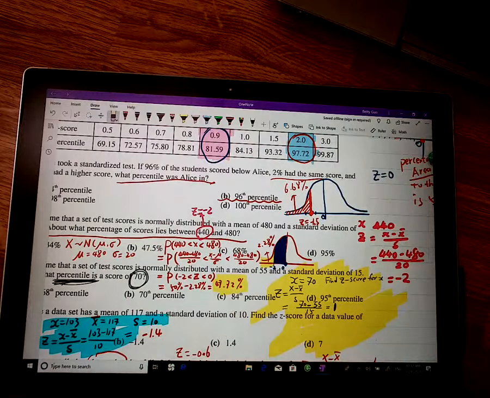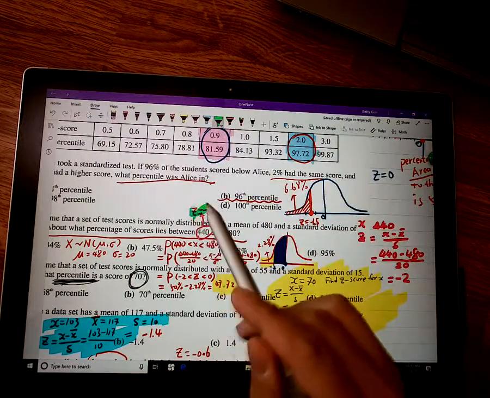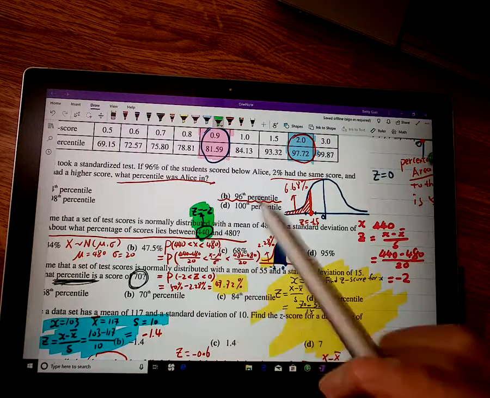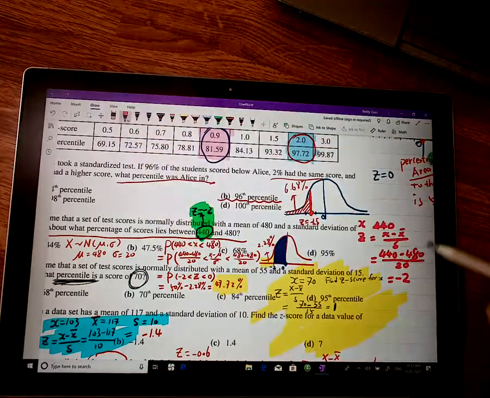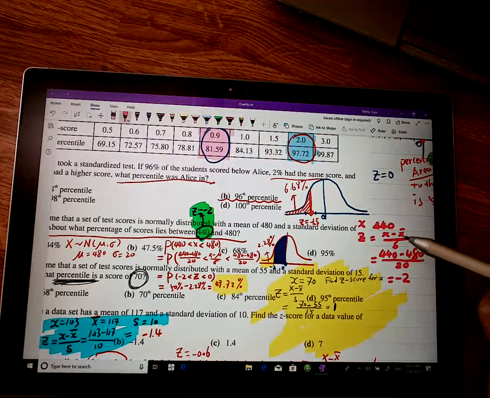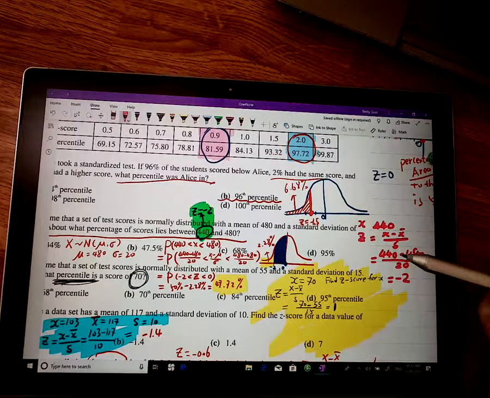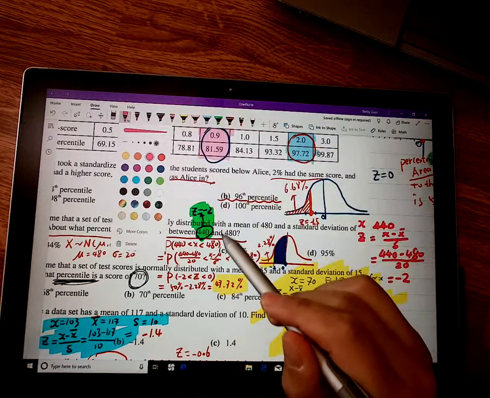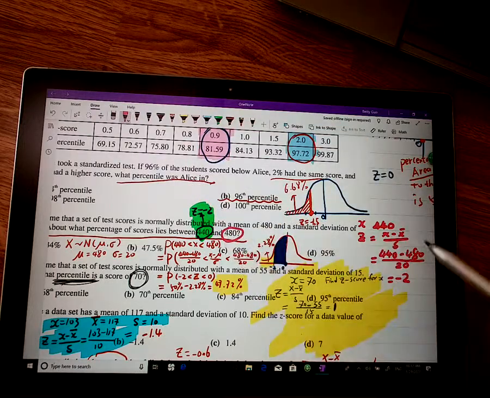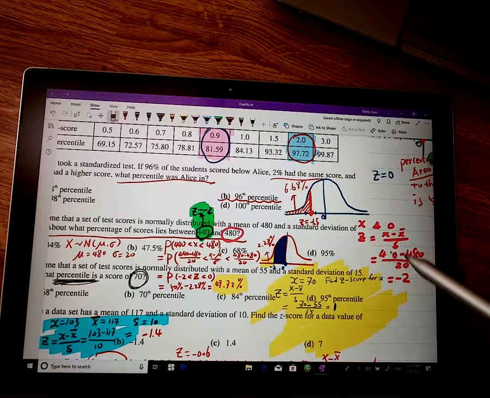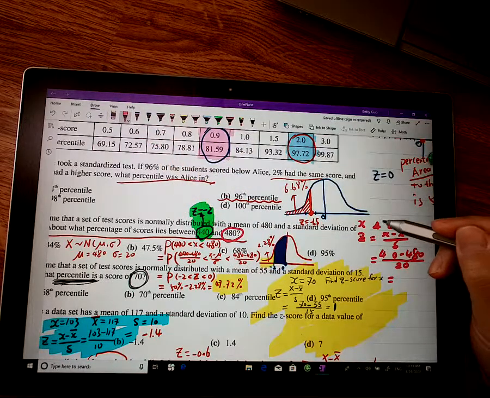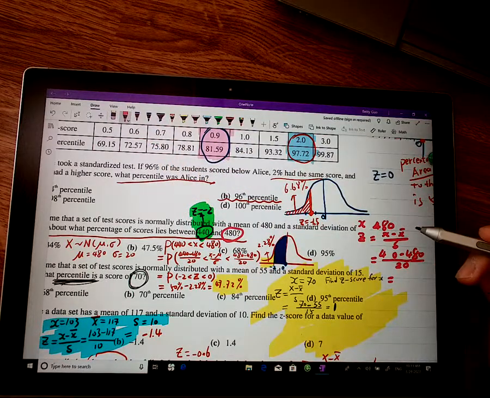Let me write it here. Maybe let me highlight it. We know 440 has a Z score of -2. And I just showed you how to find the Z score. It's pretty straightforward. And now let's deal with 480. 480 is a score in the population.